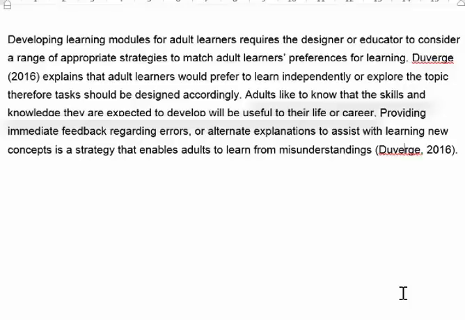And make sure that you come and visit the ALC for help and find the referencing guide on our website that gives you some of this information.